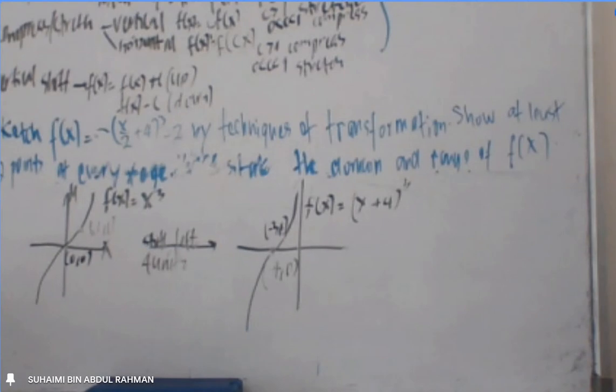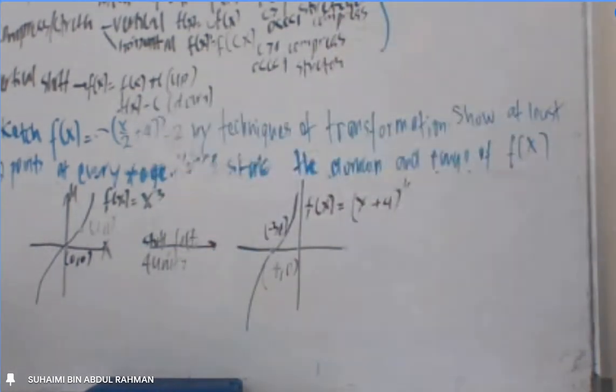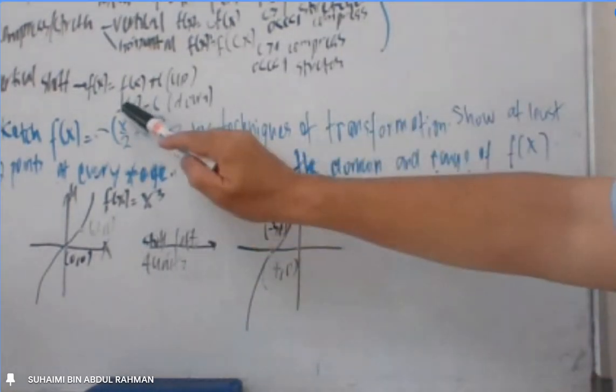Any question? No, sir. Okay. Then we go to the next one. Either reflect or compress stretch first, doesn't matter. Let's say we do number 3 first, because we look here.